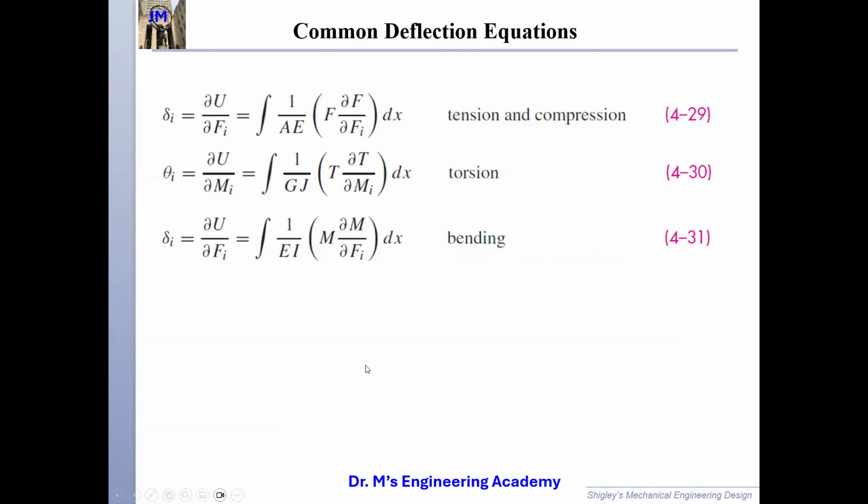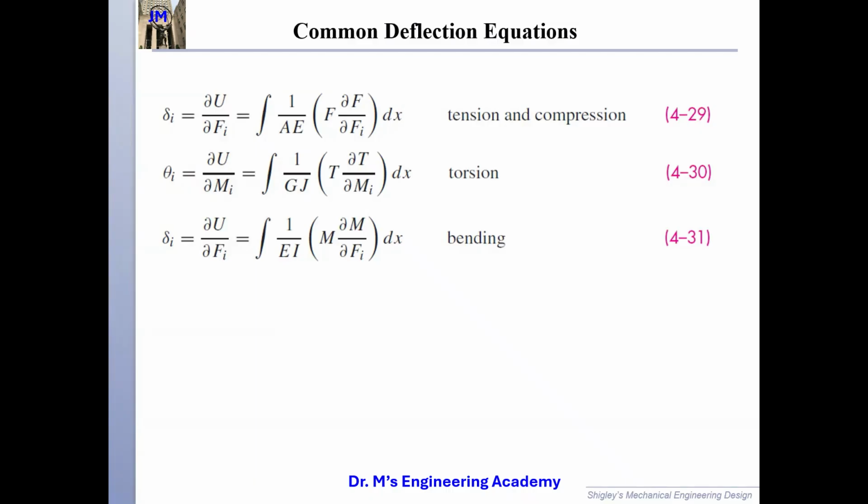For other cases, for torsion and tensile and compression, we can use one equation. We use this one. Let me write it down. So this is the bending, and this is the axial, we call this delta.